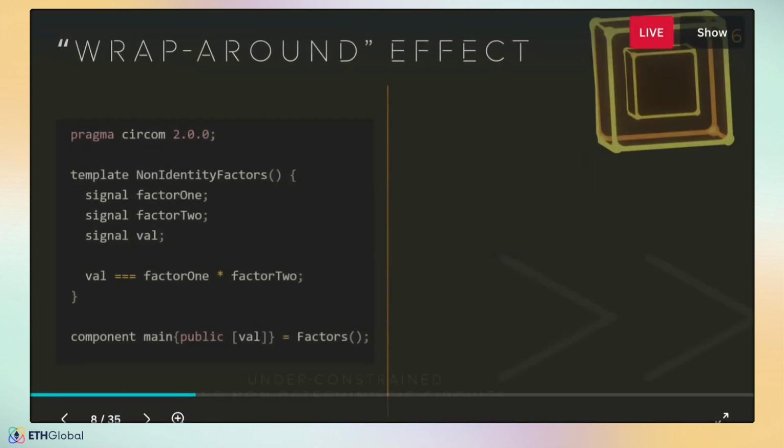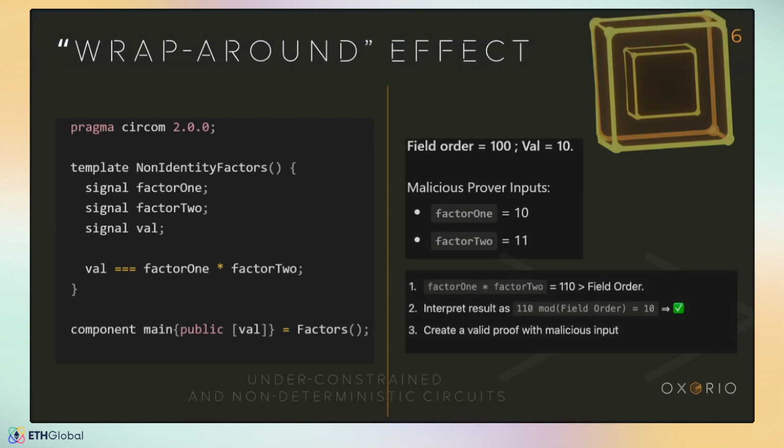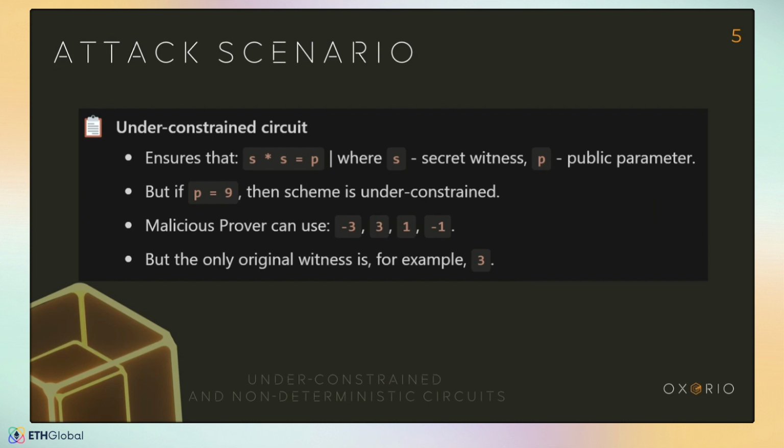We will talk about that in the near future. So if our field order is 100 and our val is 10, if we are a malicious prover, we can just provide 10 and 11. We will get 110, which is more than the field order, and then we will have the ability to create a malicious proof that will be valid.